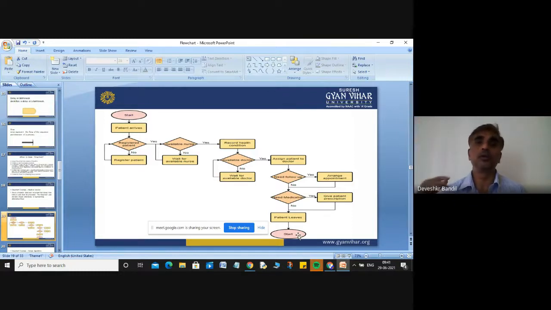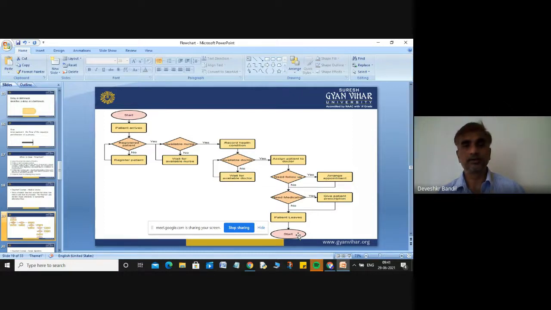When you visit the hospital and want to take the clinical service, you will always follow the instructions. First you go to the clinic. If you are already registered in this clinic, the nurse will be available, and if you are not registered, first of all you will register.